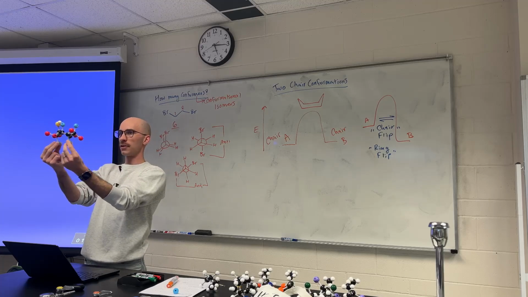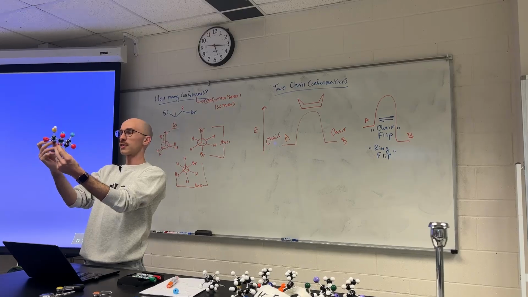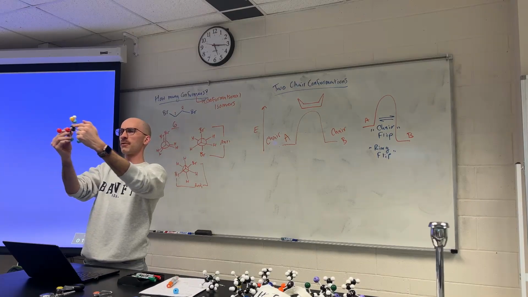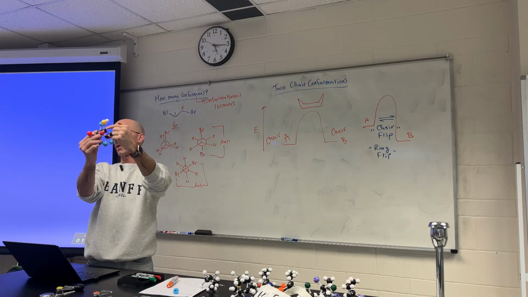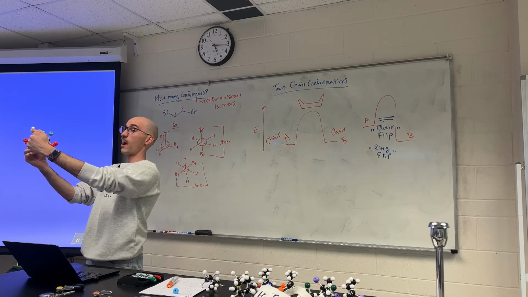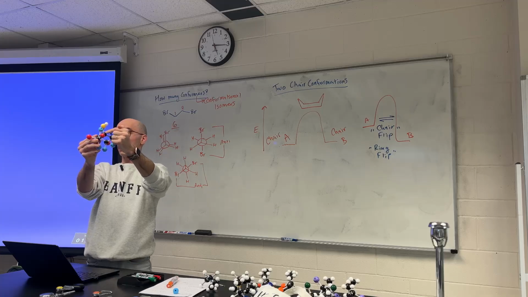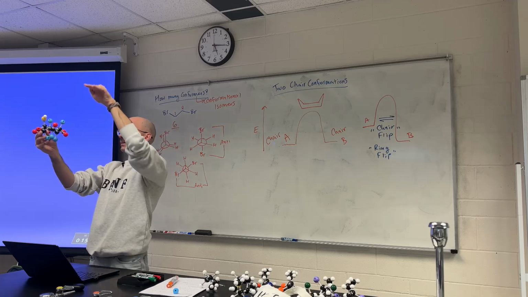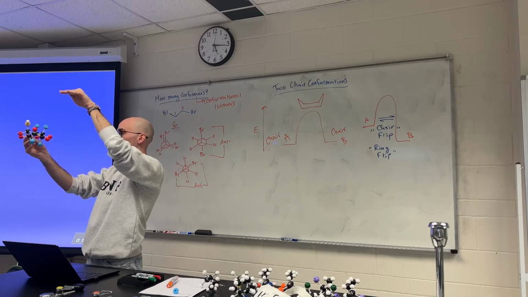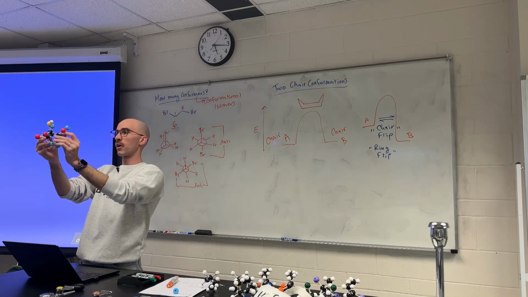So we can describe the yellow substituent as being up, axial. Let's go through a chair flip. I want you to notice, can we also describe the carbon the yellow group is attached to? Is it an up carbon or a down carbon? It's an up carbon. It lies higher than some of the others, and it has an axial group that points up, so we can describe this as an up carbon.